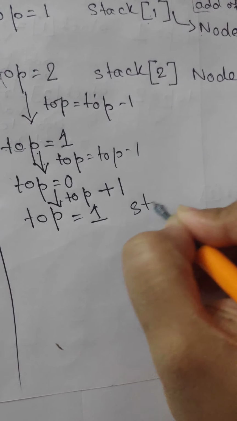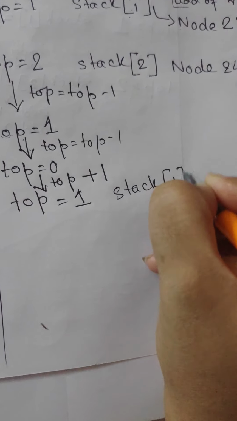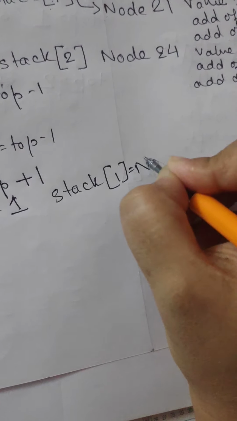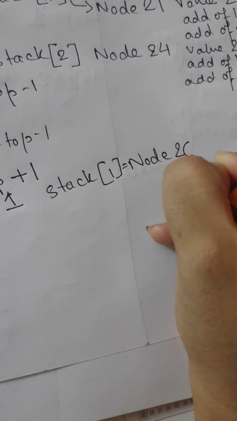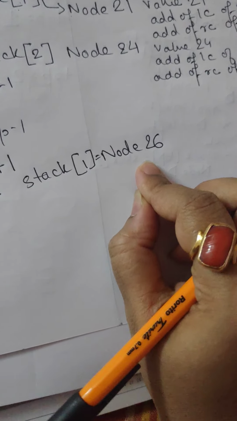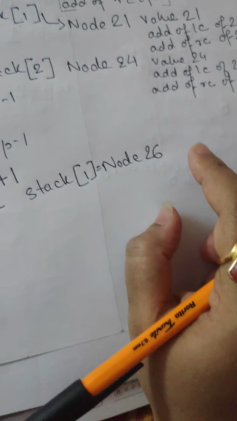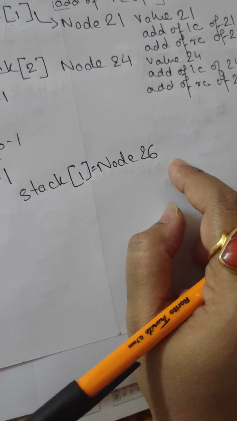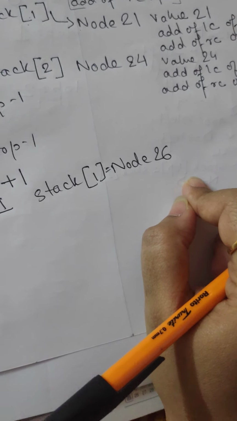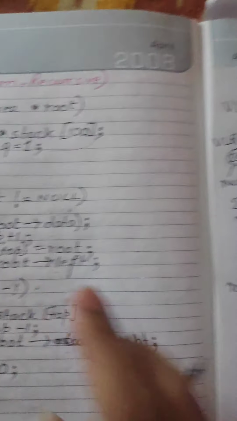And in the stack 1, currently you store the node 26. So again, storing the node 26 means value of 26, address of left child of 26, address of right child of 26.